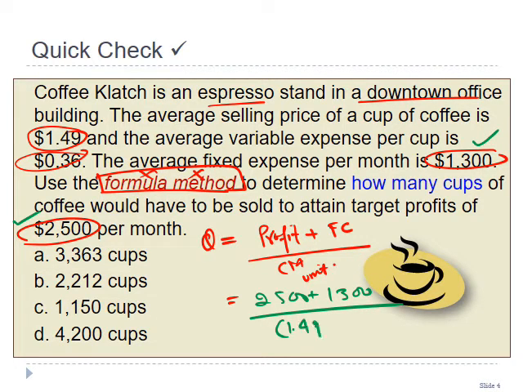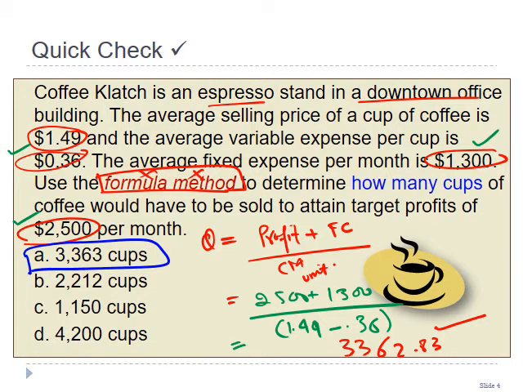We know the sale price 1.49 minus our variable cost 0.36, and you try to solve for the answer. What is the answer here? It is 3362.83. Since we cannot have 0.83 cups, we will go towards option A. Good. So let's move forward.